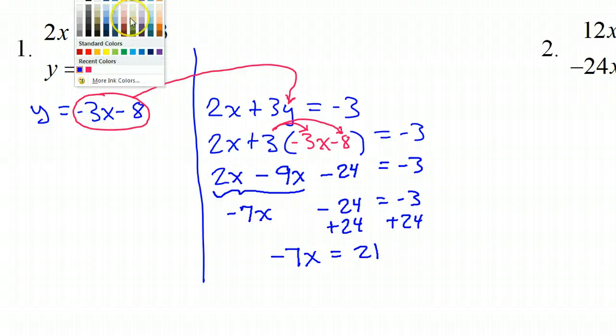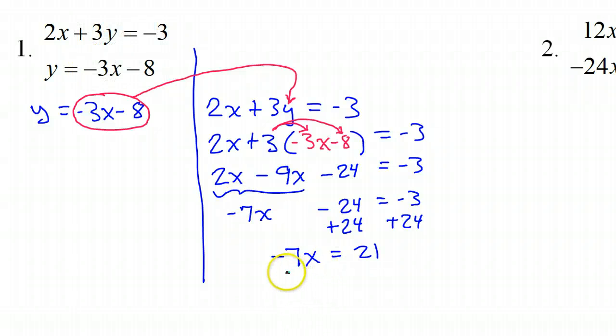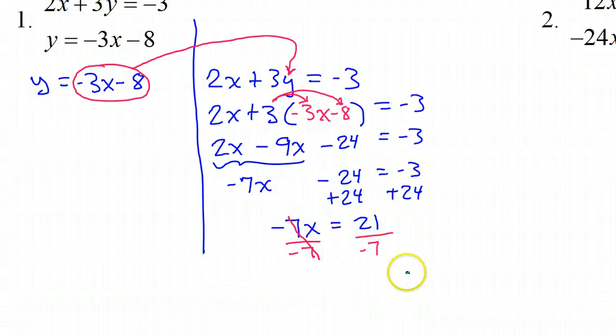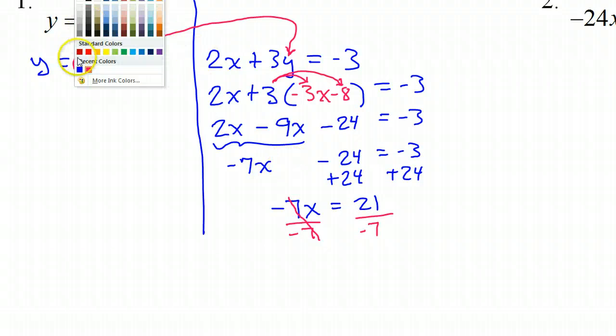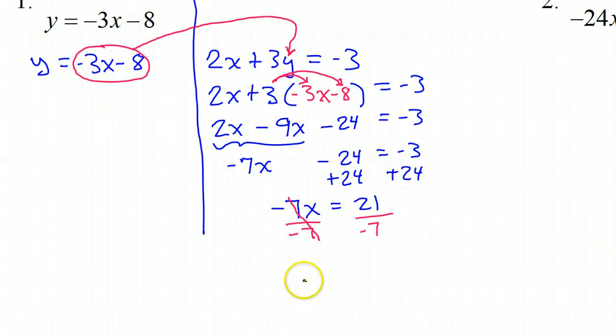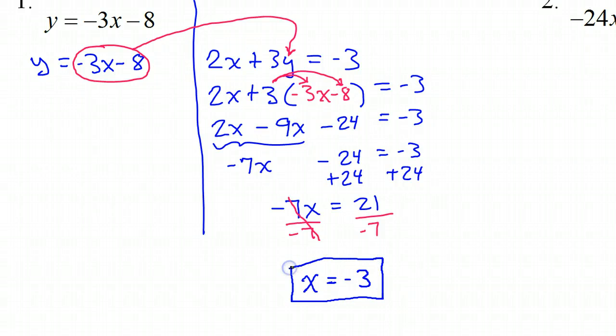And then you just divide both sides by -7 to get x by itself. So the final answer will be x equals -3. Okay, and well, I say the final answer, but we've got x, we also need y.